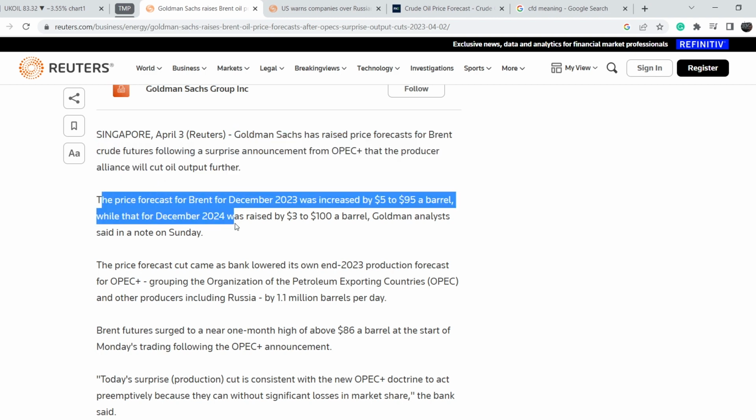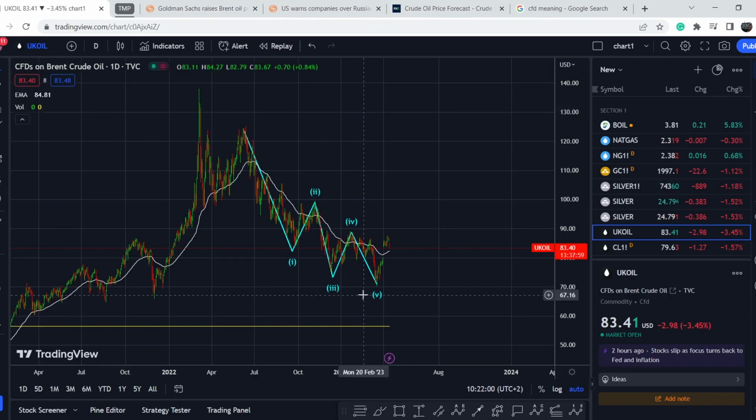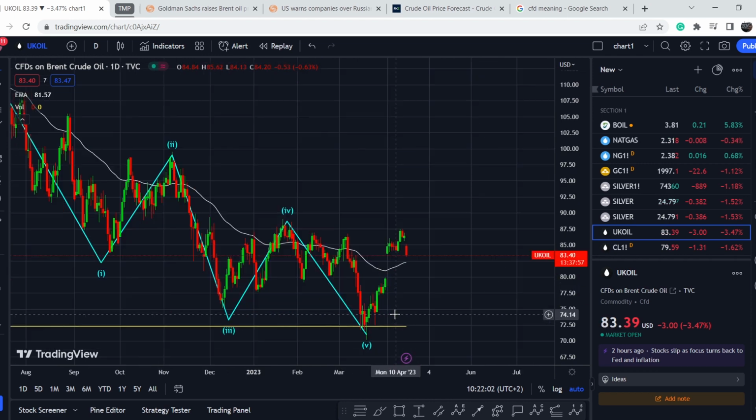The price forecast for Brent for December 2023 was increased by $5 to $95 a barrel, while that for December 2024 was raised by $3 to $100 a barrel, Goldman analysts said in a note on Sunday. And let me show you this news on the price chart.